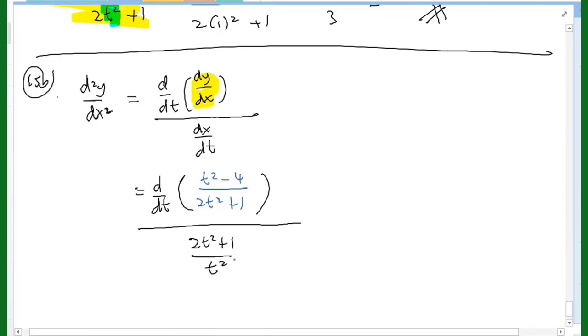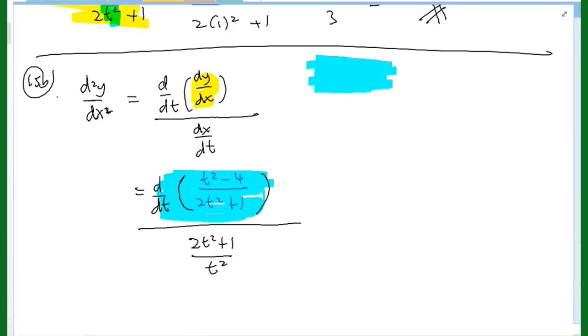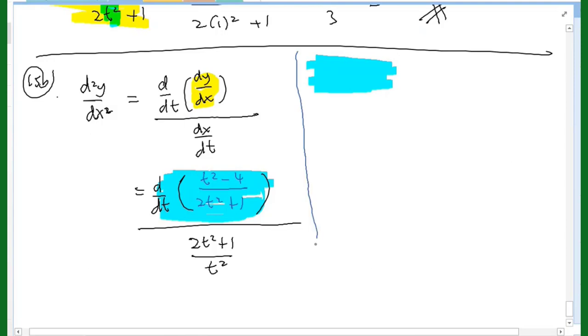Okay, so we need to differentiate this separately. Okay, let's say here. Okay, differentiate the numerator: d/dt of (t squared minus 4) over (2t squared plus 1). So still using quotient.